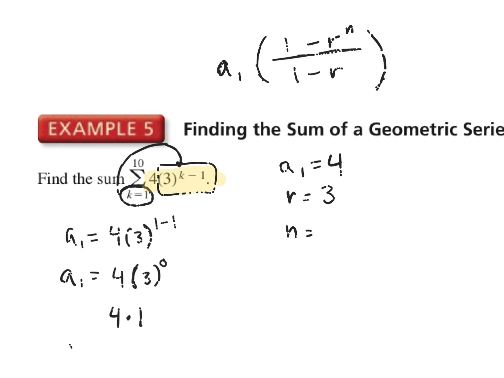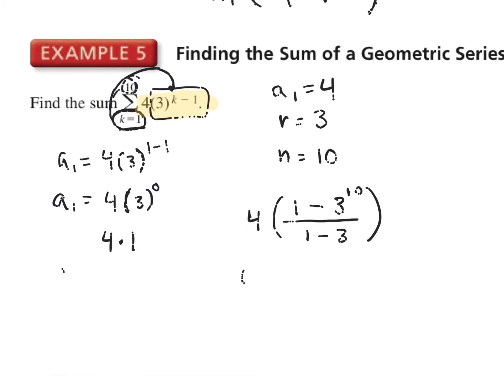So now we plug everything into our formula. We have a sub 1, which is 4, times 1 minus r, 3 to the power of n, so to the power of 10, over 1 minus 3. So when solving this, super important that we follow the order of operations. Have to do not only the parentheses first, but the top of our parenthesis, and more specifically, the exponent. So we have to do that 3 to the power of 10 first.